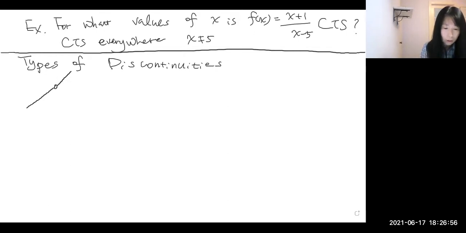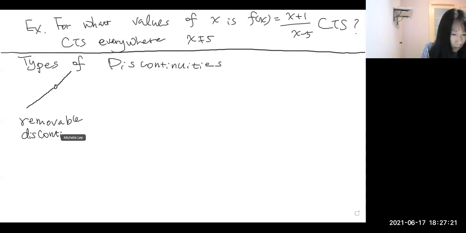Okay, so we called this removable discontinuity. So let me write down the definition later. Basically there's a hole.